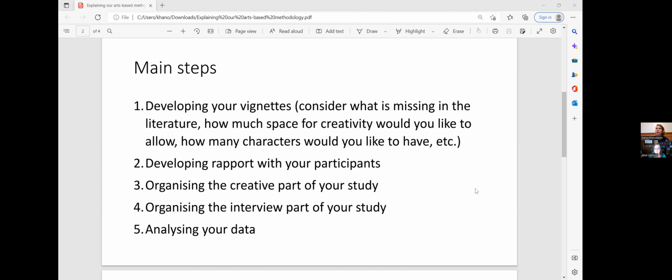And sometimes some researchers might think that you need to interpret their creative works, but actually the interpretation is done by participants themselves. So I think that's very important, to not look into yourself too much and think, oh, there is a metaphor. If you think there is a metaphor in their artwork, you really need to ask them, is there actually a metaphor?